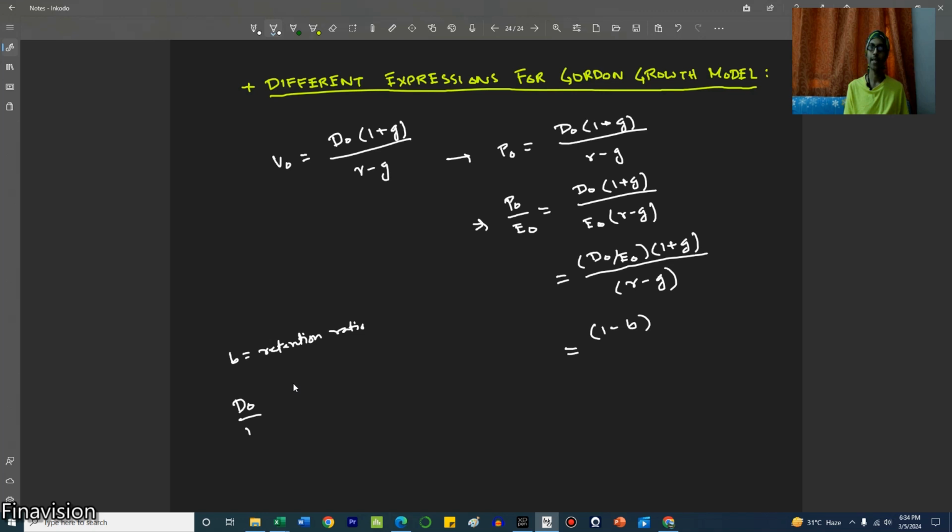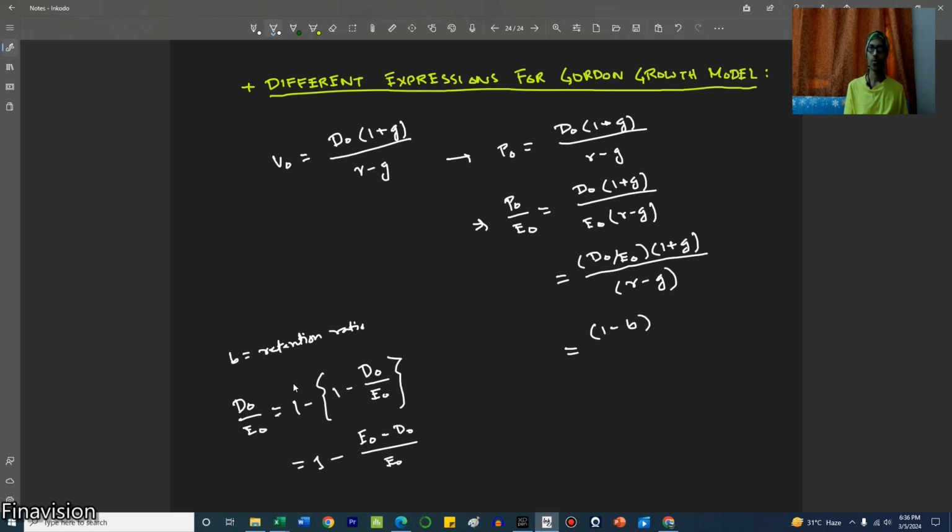D0 by E0 we can write as 1 minus, within brackets, 1 minus D0 by E0, right? This we can write as 1 minus E0 minus D0 by E0, right?